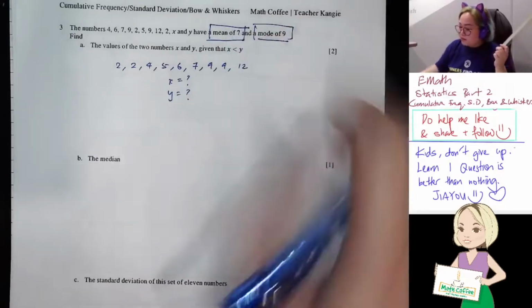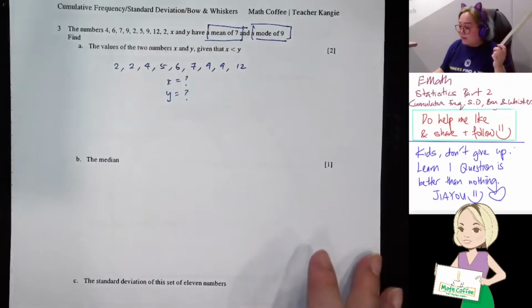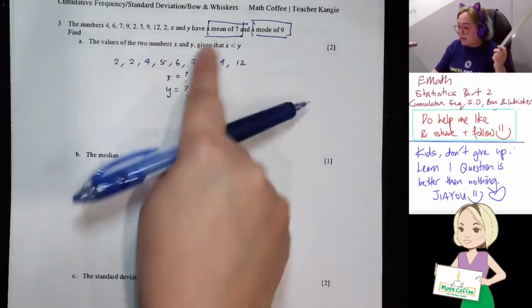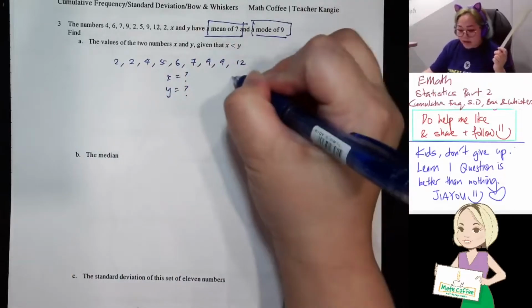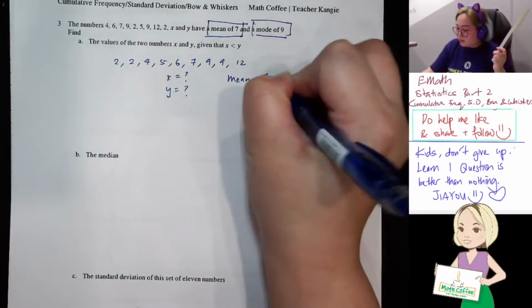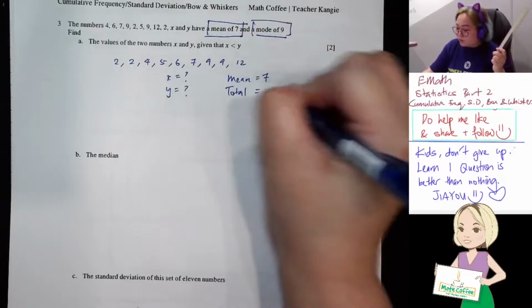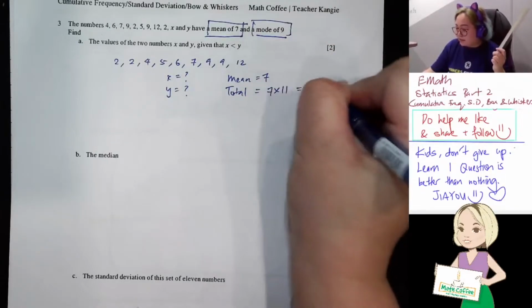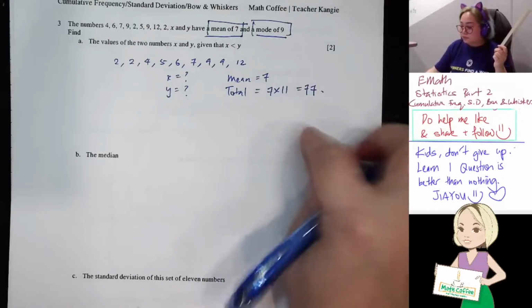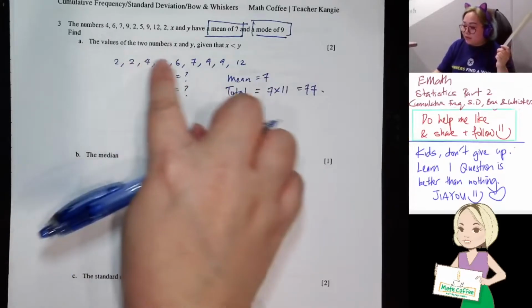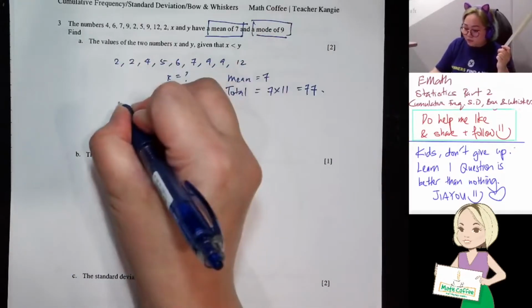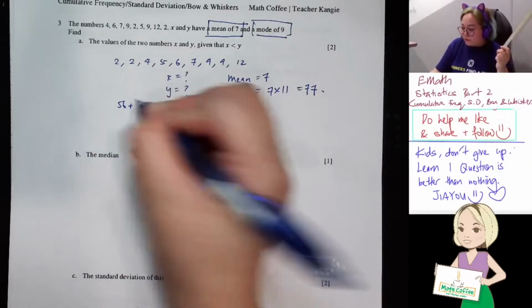So mean of 7, in total I have 11 numbers. So when I have a mean is equals to 7, I will have my total will be 7 times 11, so it's 77. So all of these numbers, if you add up together, it will give you 56.